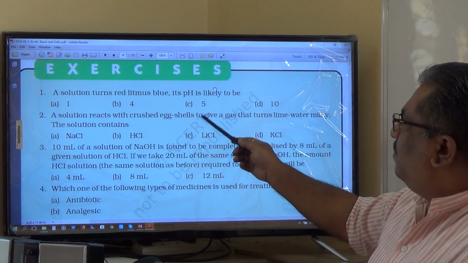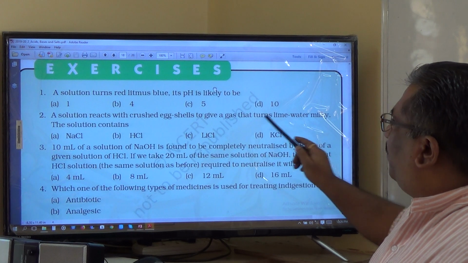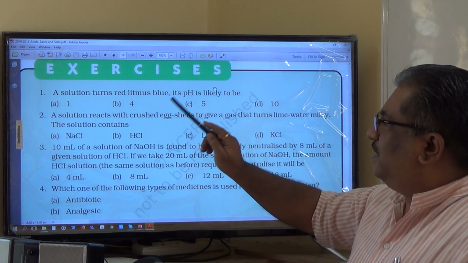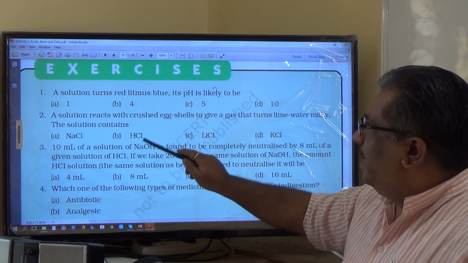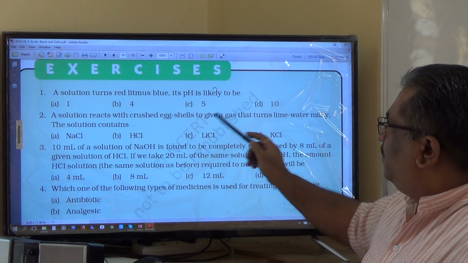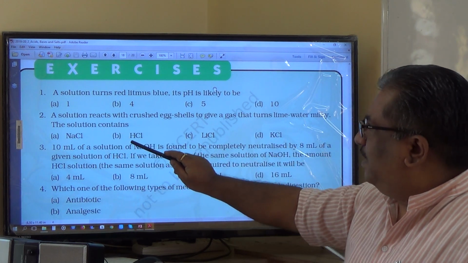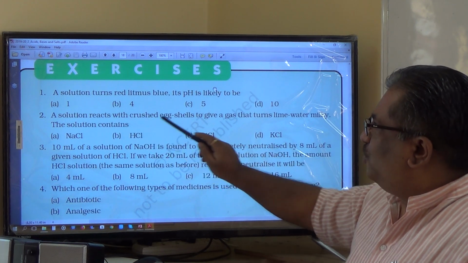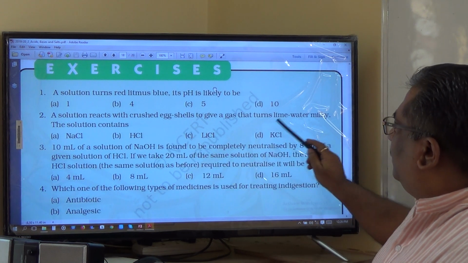Calcium carbonate when it reacts with acid will produce CO2, and CO2 gas turns the lime water milky. So NaCl no, HCl yes, lithium chloride no, potassium chloride no, because crushed eggshells react with hydrochloric acid to produce a gas CO2 that turns lime water milky.